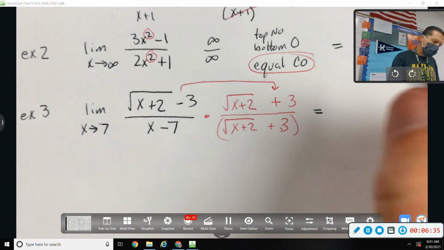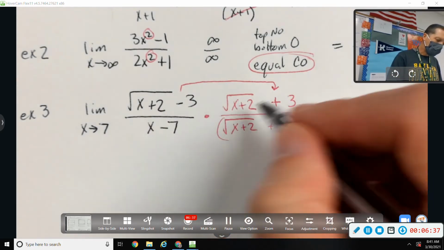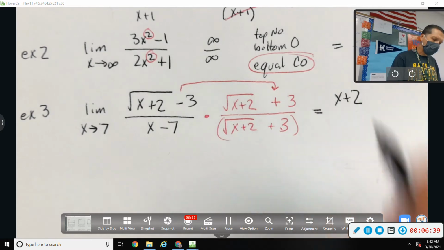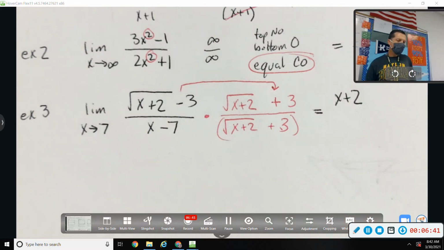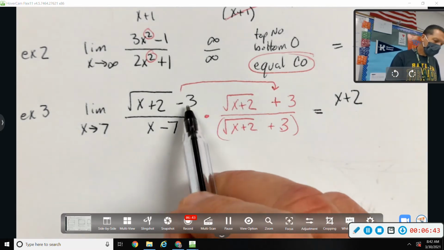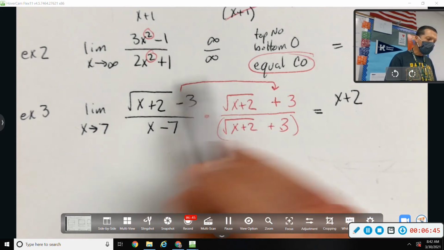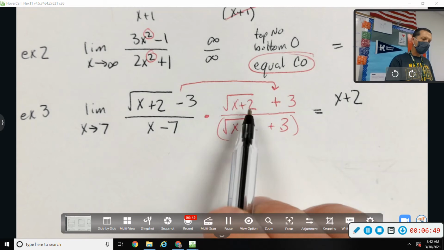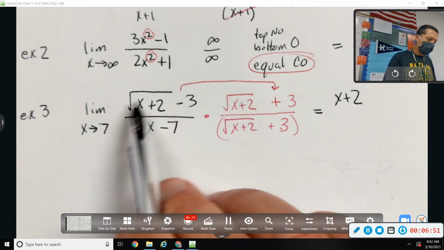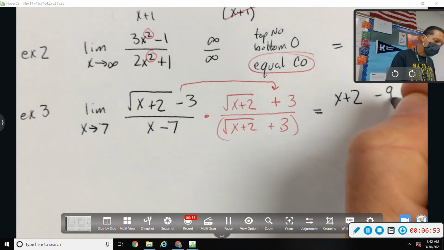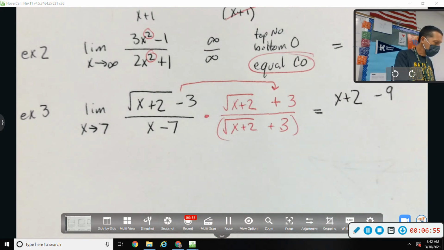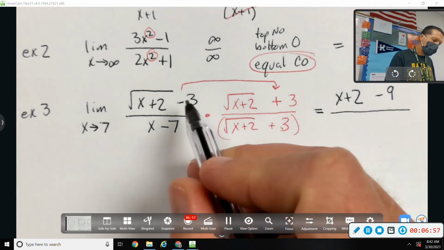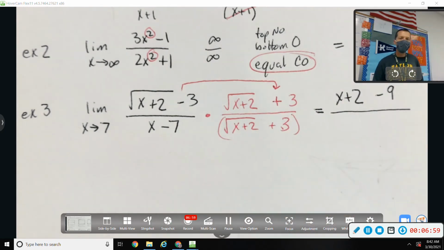So in the top, root x plus 2 times root x plus 2 would be x plus 2. The outside and inside of FOIL are going to cancel each other out because we multiply by the conjugate. That's what the conjugate does. That's why we multiply by the conjugate, to make the O and the I cancel each other out. And then negative 3 times positive 3 is minus 9.